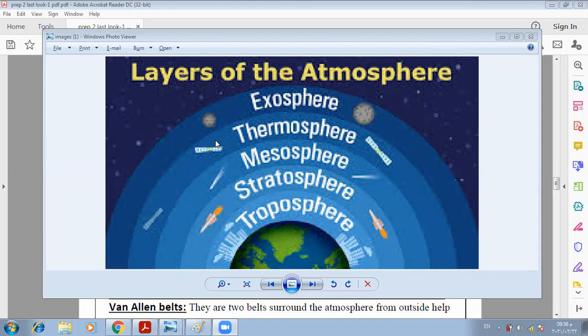Give reason: because it contains charged ions and it exists in the upper part of the thermosphere. What is the importance of the ionosphere? It is very important in wireless communication and broadcasting, because it reflects radio waves transmitted by radio stations and communication centers, like wireless mobile phones and so on.